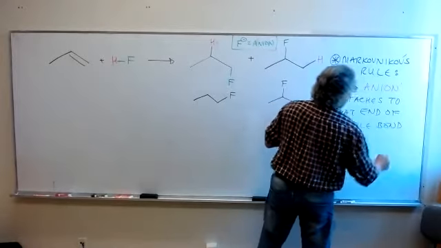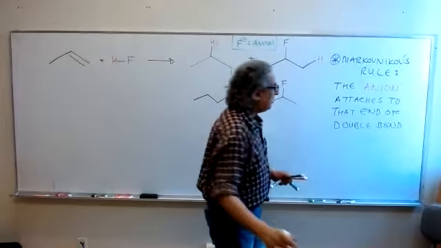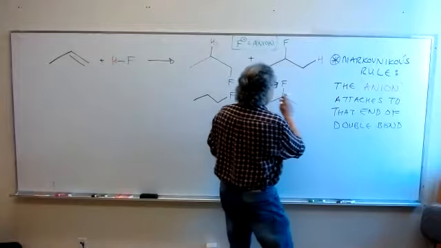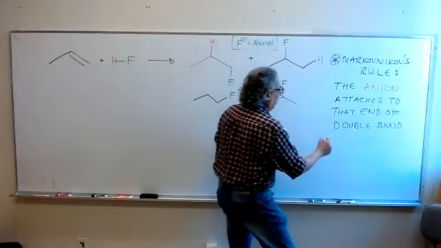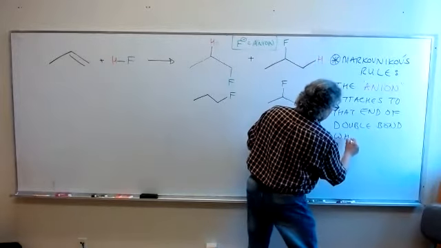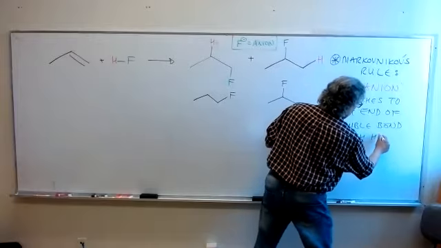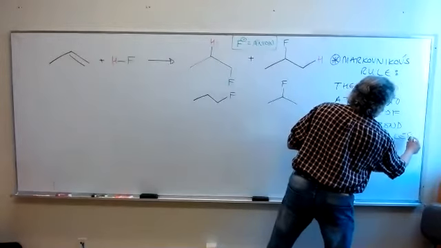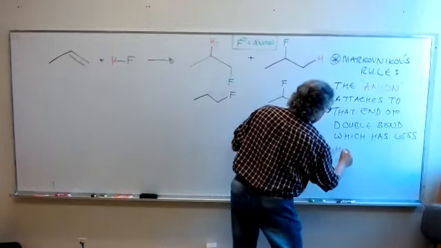It's a kind of a convoluted sentence. Forgive my bad English. The anion attaches itself to that end of the double bond, which has less hydrogens.